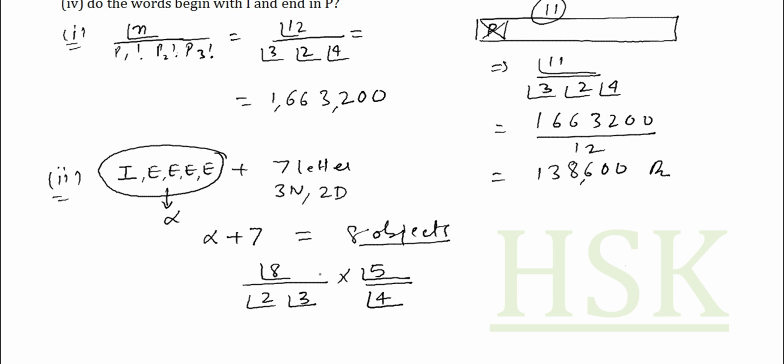Okay. So the total number of ways will be equal to the product of arranging 8 objects into the number of ways in which vowels can arrange themselves. So this will be equal to 8 factorial upon 2 factorial into 3 factorial into 5. Okay.